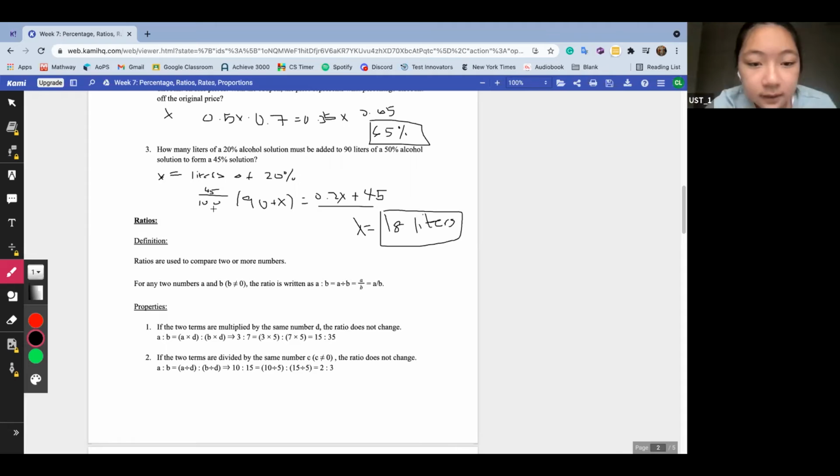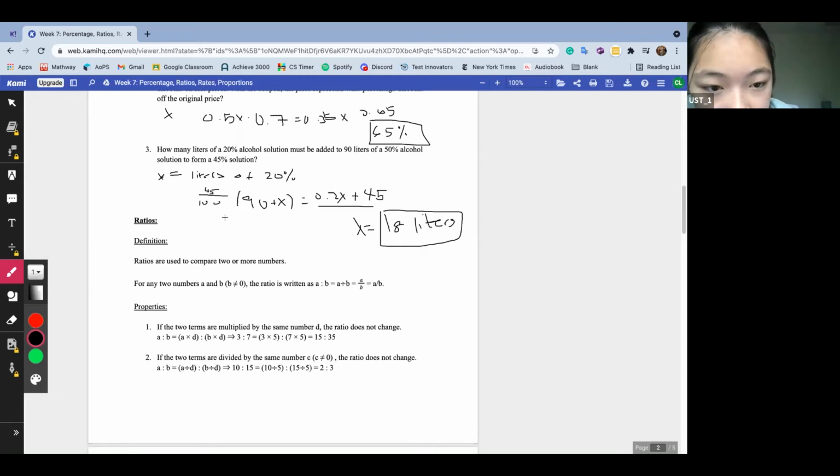Okay, so first you want to expand this left side. So 9/20, you simplify that.